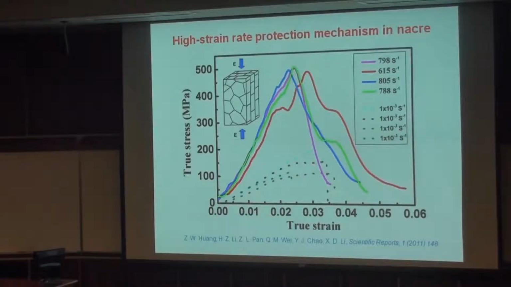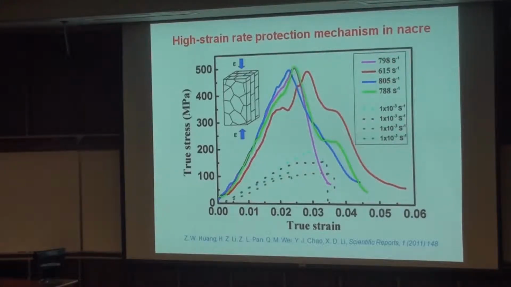But if you use a gas gun to shoot a Nacre sample, Nacre responds using different mechanisms, I will tell you, with a fracture strength about 3 times higher than when you compress it hydrostatically.